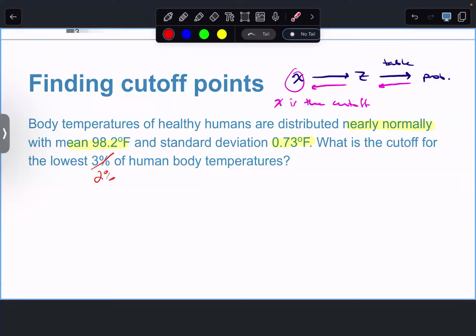And how we get from a Z to an X is the same way we got from an X to a Z, which is Z equals X minus mu over sigma. But now you have to solve for X instead of Z. So now we just do it in reverse, okay? Working backwards.